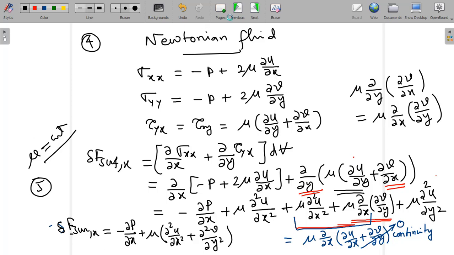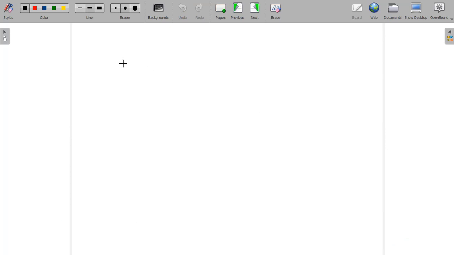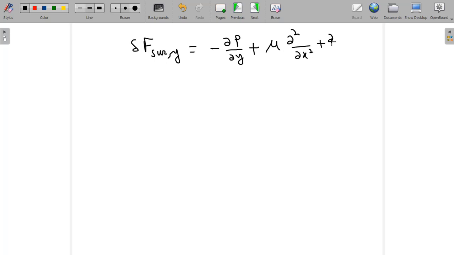Similarly, del f surface y, in exactly a similar way, you will get minus del p del y plus mu into del 2 del x2 plus del 2 del y2 of v.